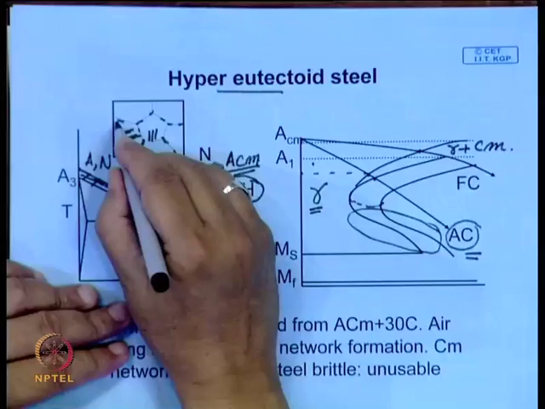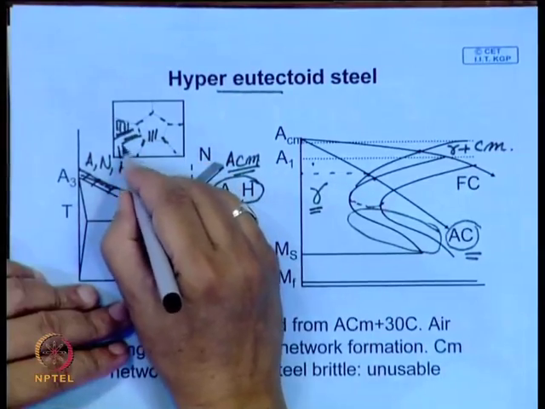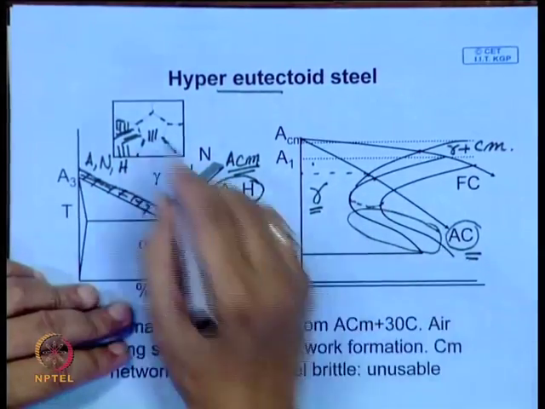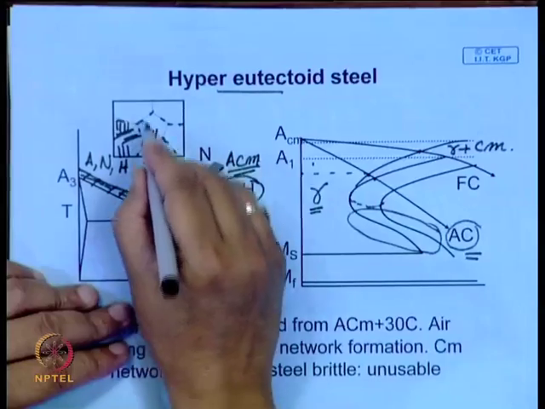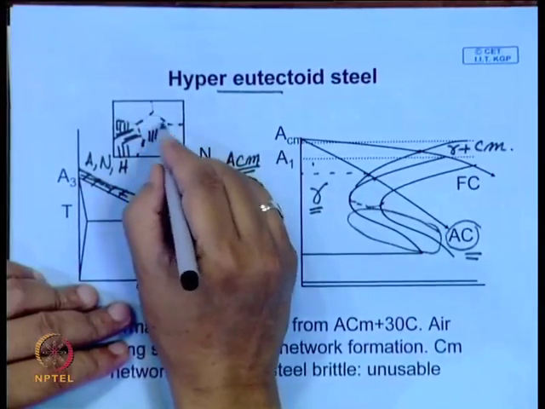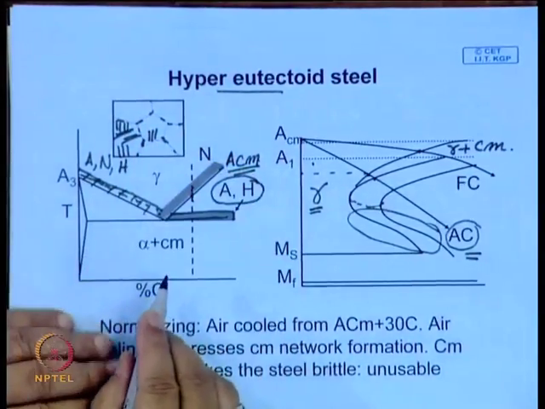So, you will have fine pearlite and broken pro-eutectoid cementite, but the network will be broken.